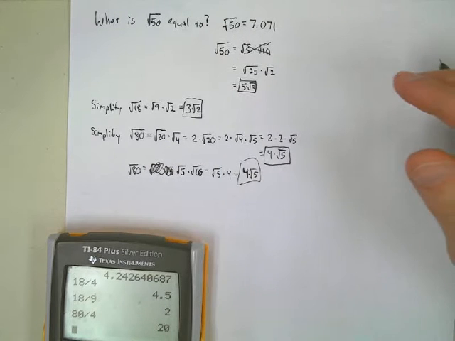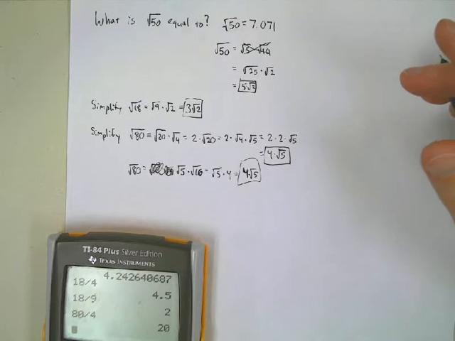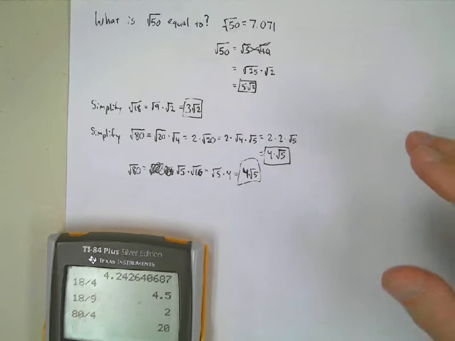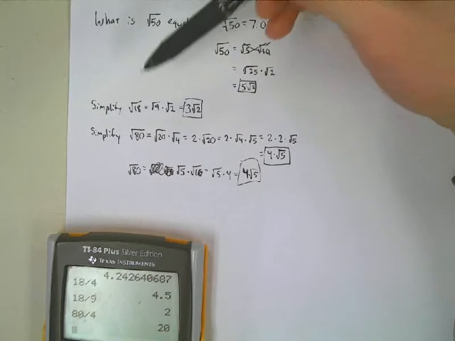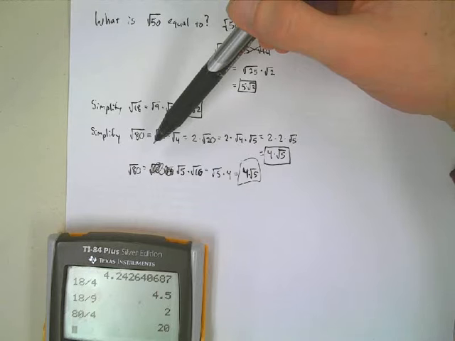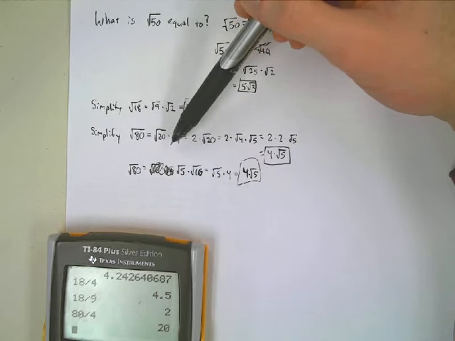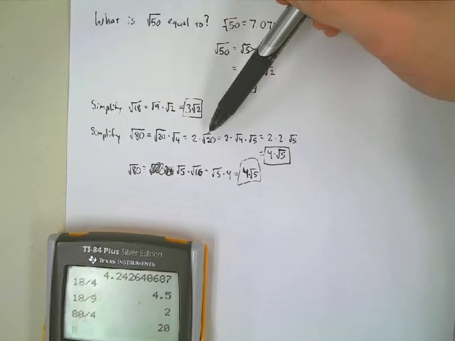Yes, EK. Okay, so I did square root of 80 equals square root of 4 times square root of 20. Yes. And then I got 2 square root of 20. Yes, and that's right, but 20 isn't done. 20 isn't a perfect square, and you can do that to any of the other answers, even though they're not perfect squares.